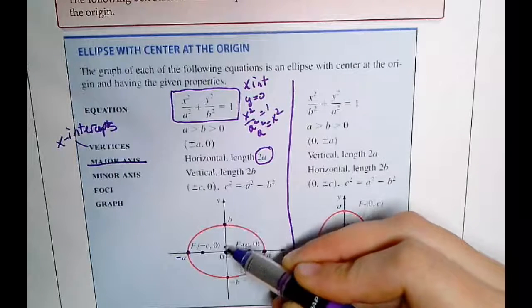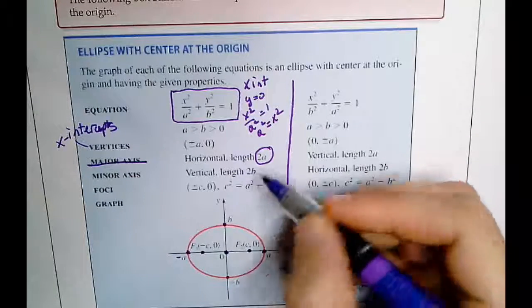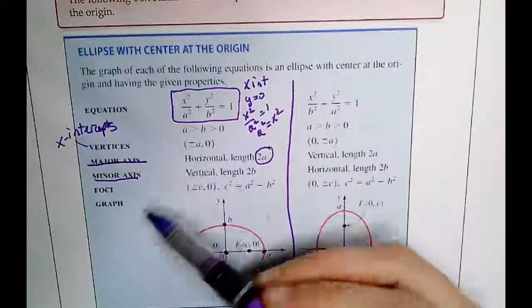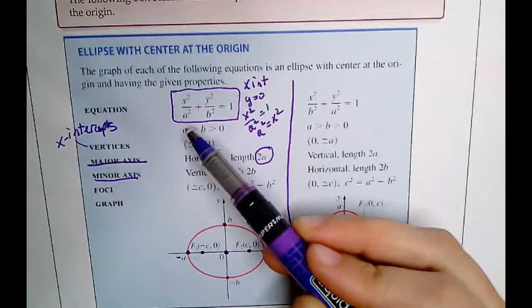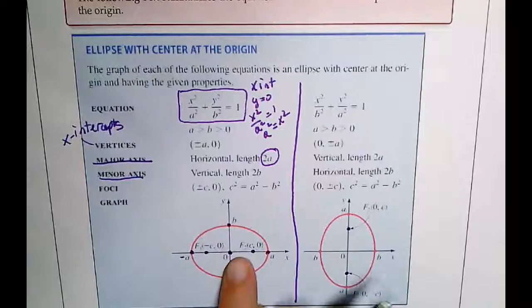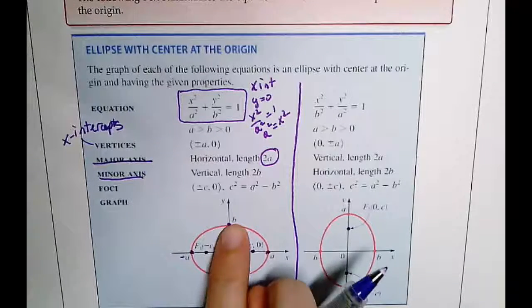So this whole distance is 2b, and we call that the minor axis. We call that major and this minor because we're in the case where a is greater than b. So you see the distance from 0 to a is greater than distance from 0 to b.